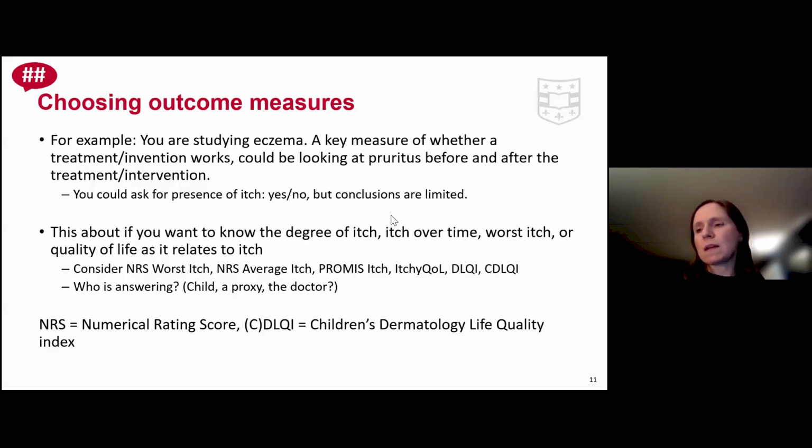But if you want to really dig into the patient experience, or maybe you do a study and you ask, what is the treatment longevity of a certain drug? And you notice that of this basket of 5 medicines you're looking at, 2 of them people switch off really quickly, and the other 3 people stay on for a long time. Well, you may be able to see in the chart review why people are changing off those 2 drugs, but it may not tell the whole story.